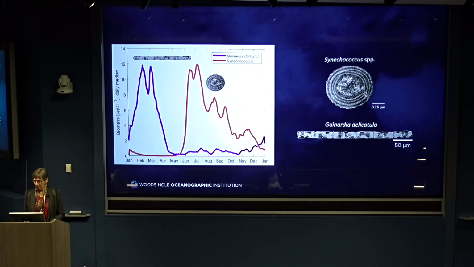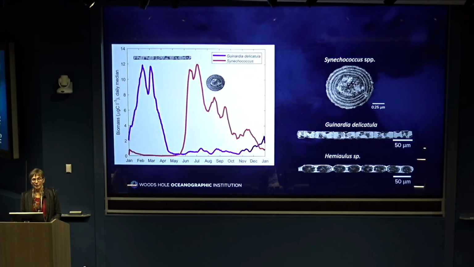You might remember back from the beginning that Guinardia delicatula is one of many diatom species in this system, and I told you that I would contrast it with the story of Hemiaulus, this other diatom that looks very similar in its gross morphology.